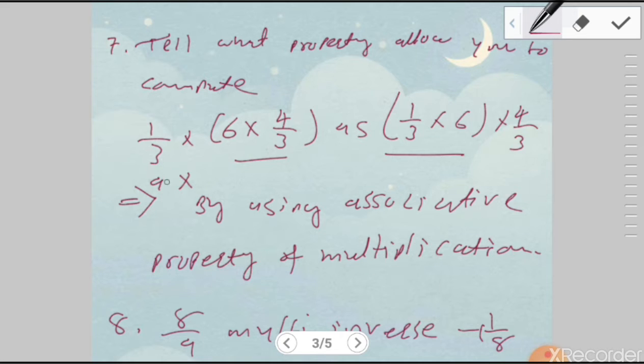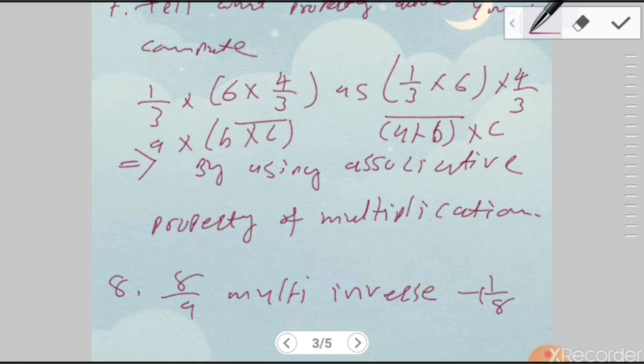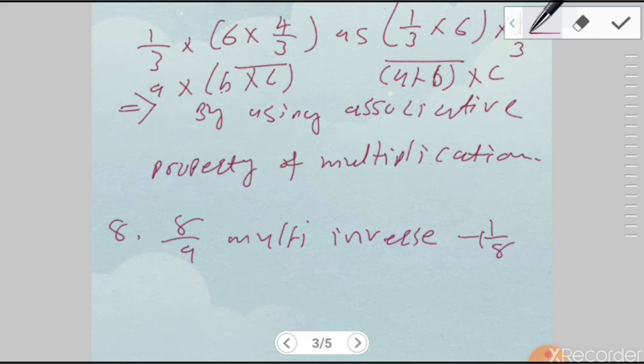If we suppose the first term is A, the second is B, the third is C, then here A into (B into C) is changed to (A into B) into C. In the first form we bracketed the last two terms, and in the second we bracketed the first two terms. So by using the associative property of multiplication this can be solved. If you change the bracket, that means the grouping, the group forms an association, so we call it associativity.